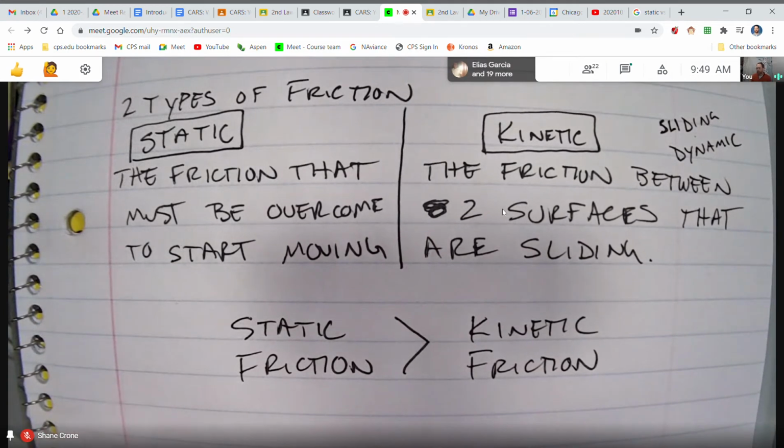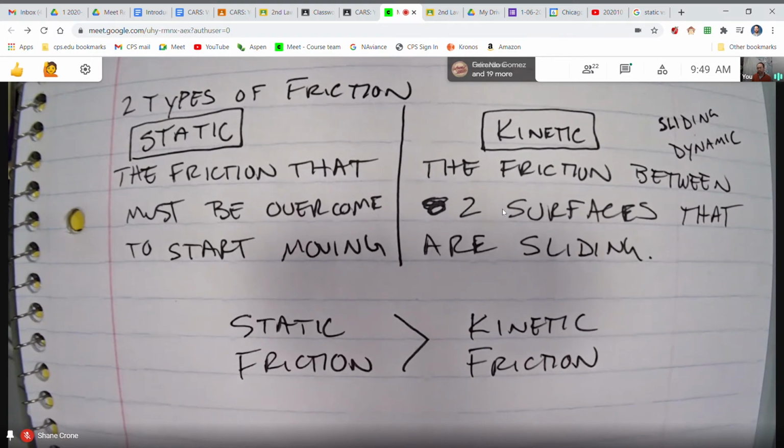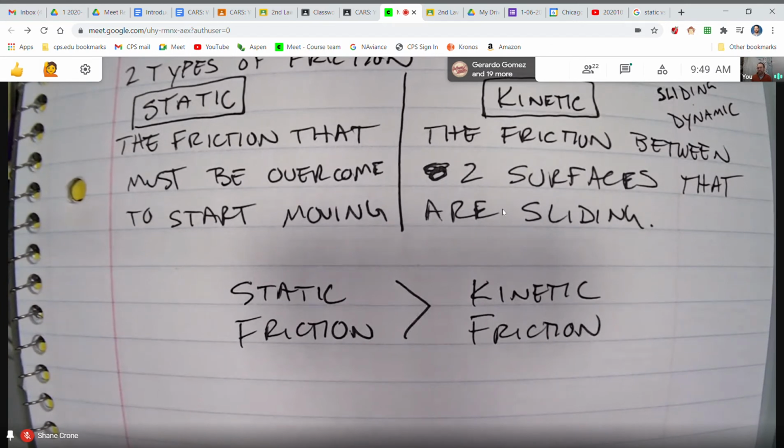Now, depending on the surfaces, sometimes the static friction might only be a little bit more, maybe 5 or 10% more. But in most cases, the static friction is probably closer to between 30 and 60% more than the kinetic friction. It's not a small difference, it's an enormous difference. So if you think about when you're driving in a car, remember, we cannot move unless we have friction, right?